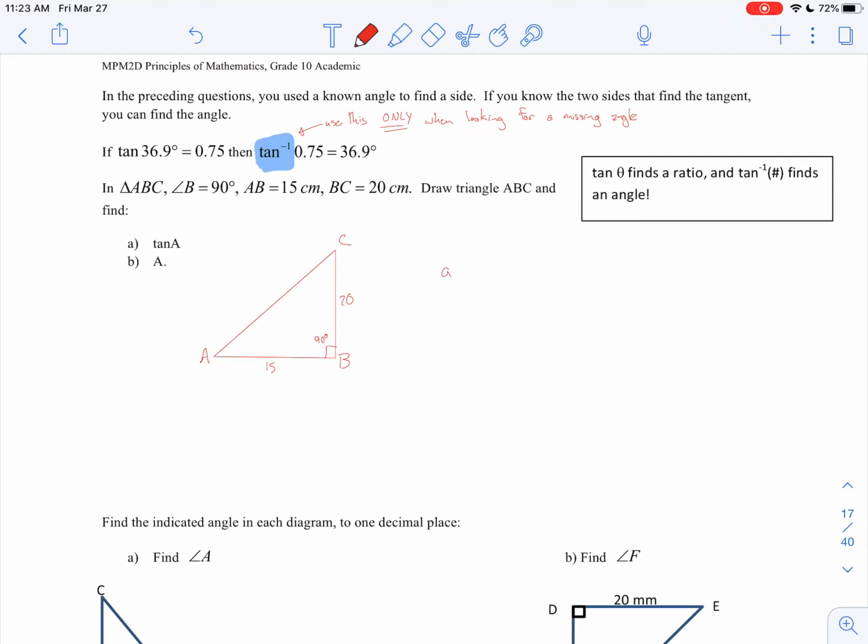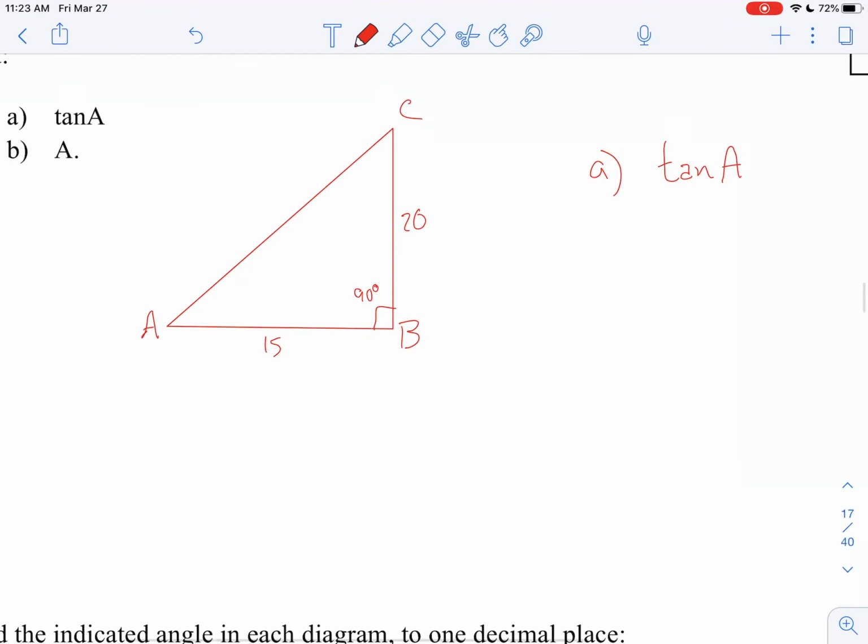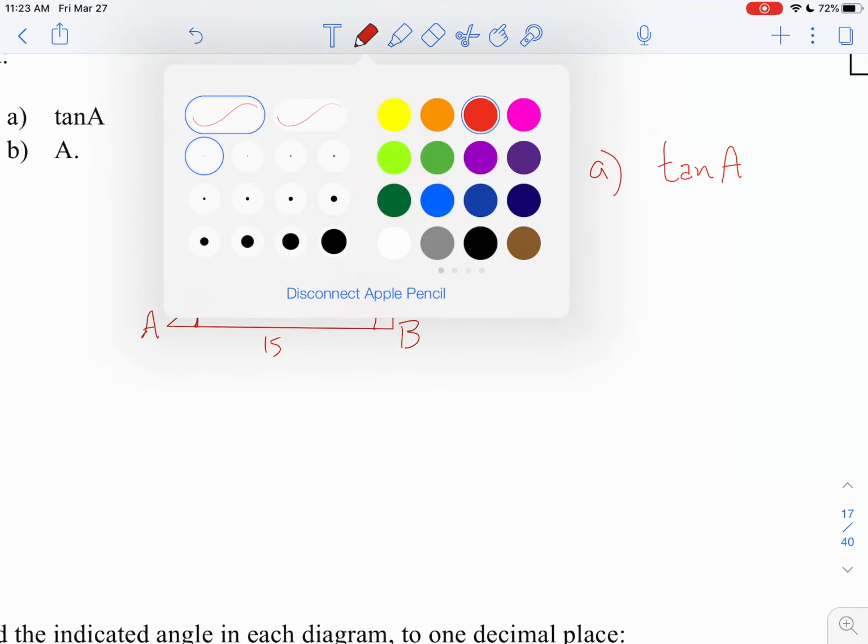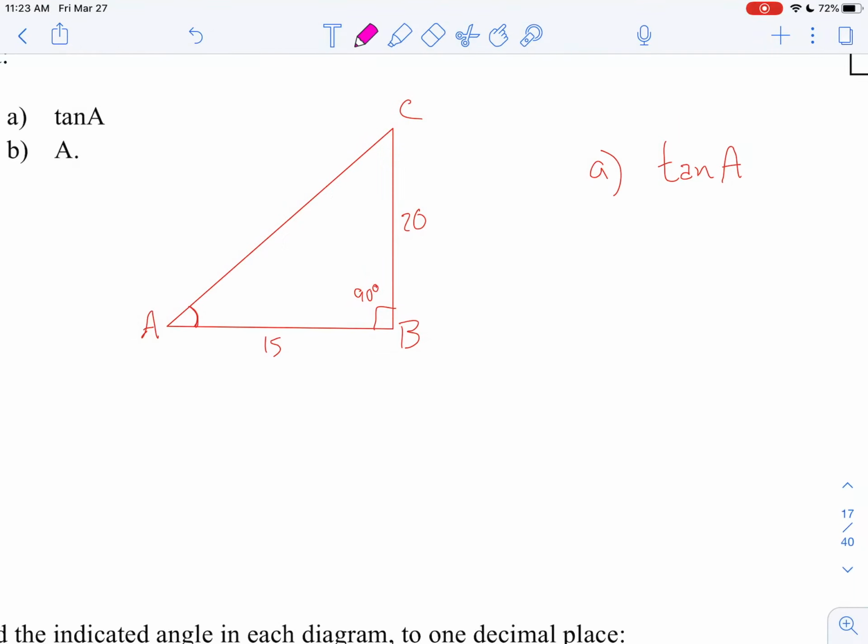So question A says to find what is tan of A. Tan of capital A. Well, we know that tan of A is an angle measurement, so I'm going to take a look and I'm going to label this right here. That's the angle we're looking at. So I know that tan uses the opposite and the adjacent.